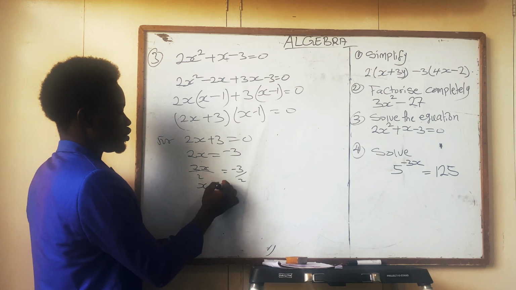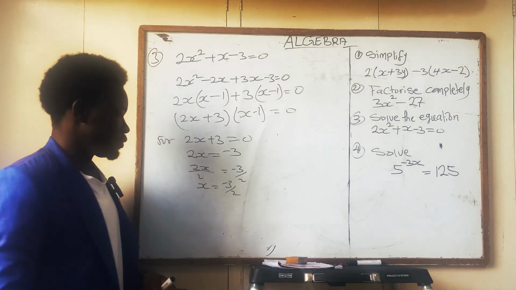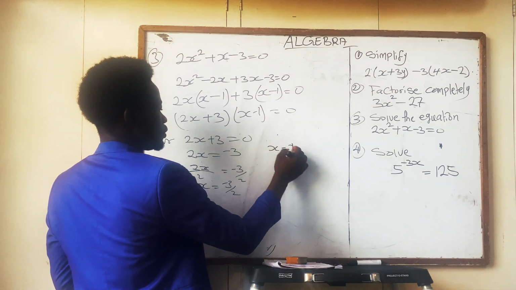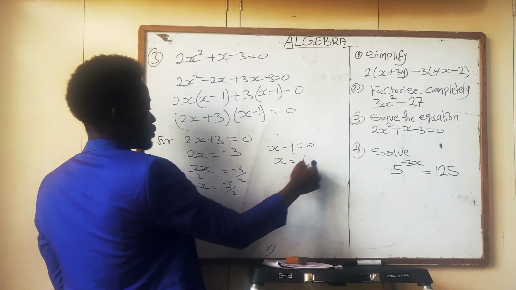This is going to be equal to negative 3 over 2. All right. Again, I pick x minus 1 equal to 0. So x is equal to 1.